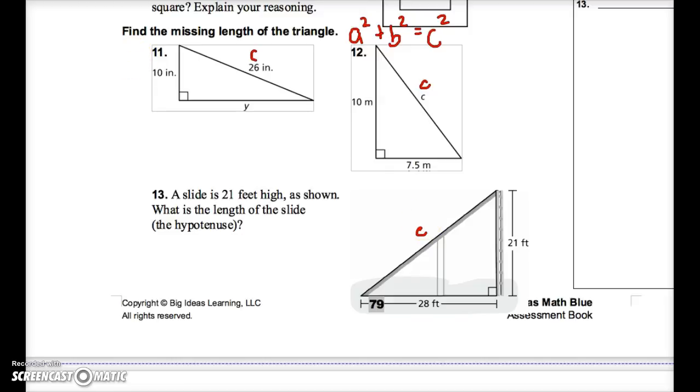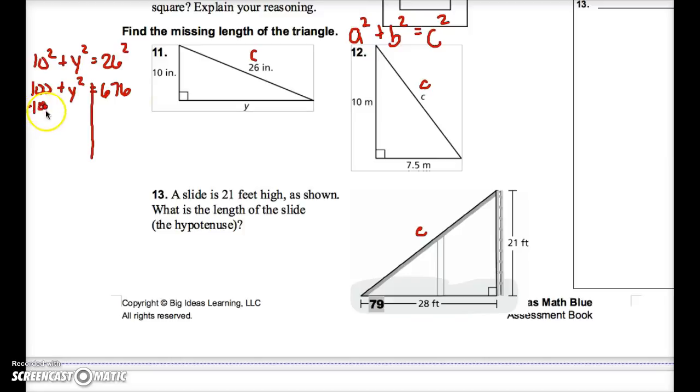Okay, so on number 11, to set this up, we have 10 squared plus y squared equals 26 squared. And then we just solve. 10 squared is 100. 26 squared is 676. And then my goal is to get y by itself.